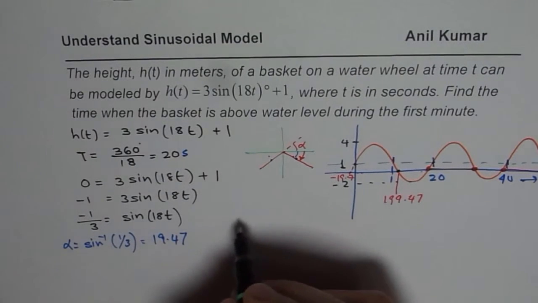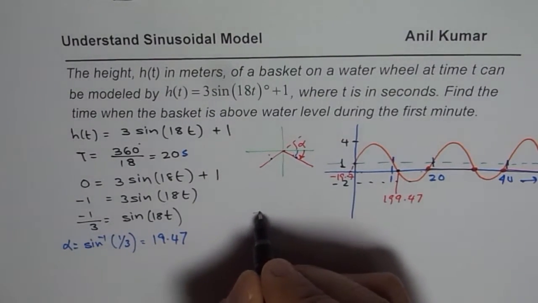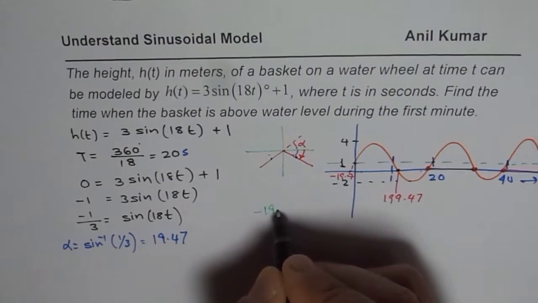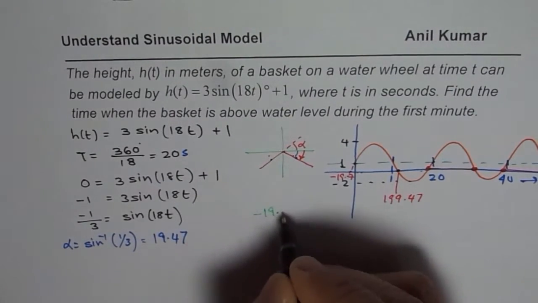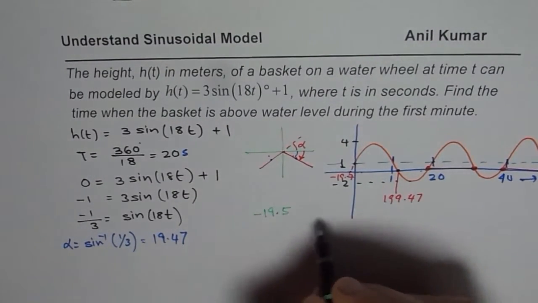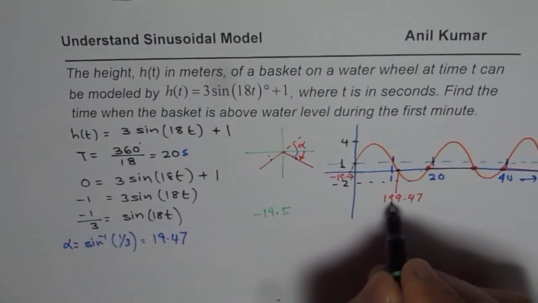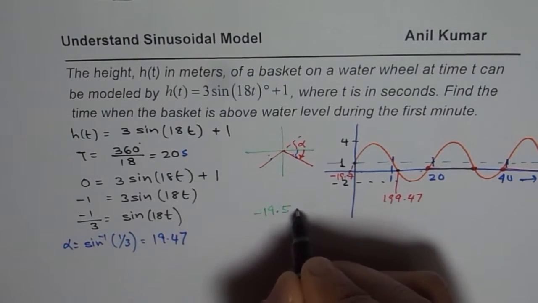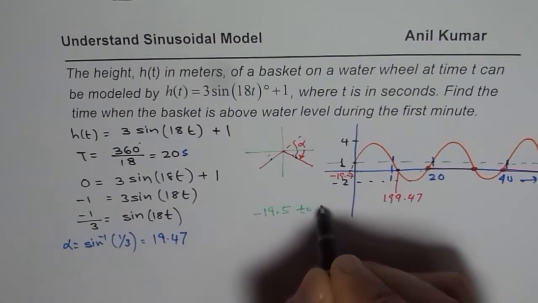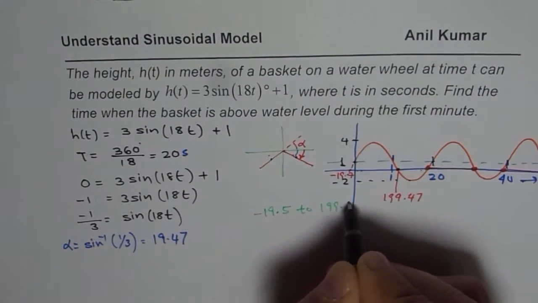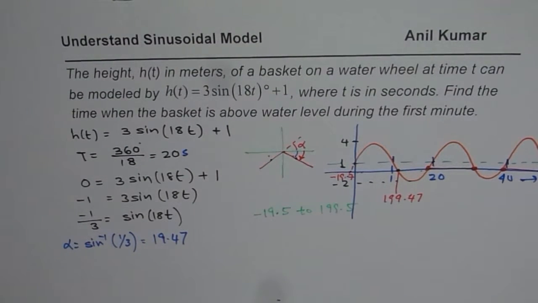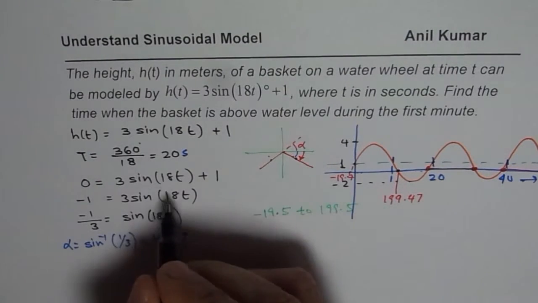So what we will say is that the positive cycle is from minus 19, we'll round it to 19.5, okay, minus 19.5 to 199.5. This is in the first cycle, and that is equal to 18t.